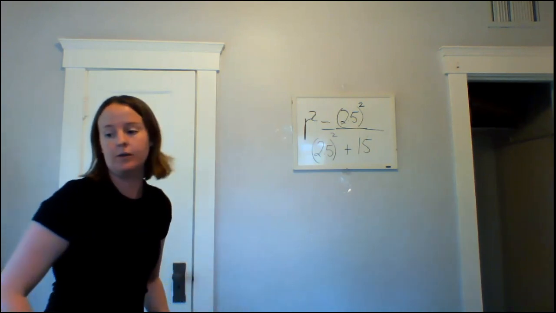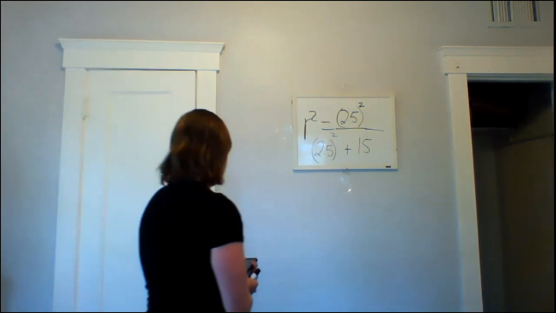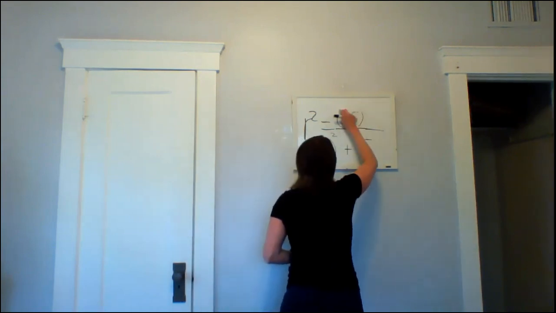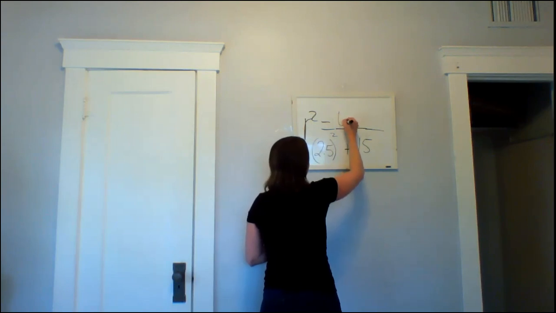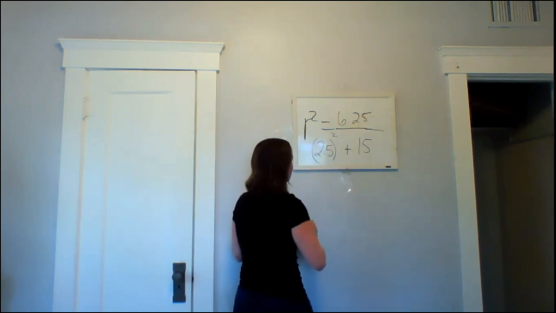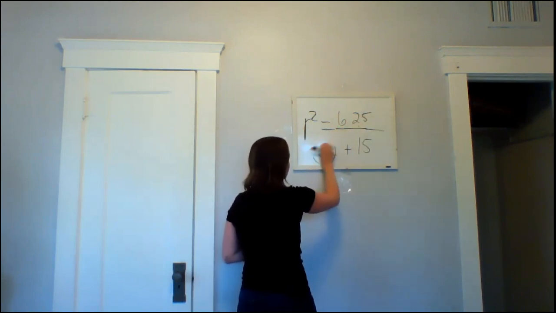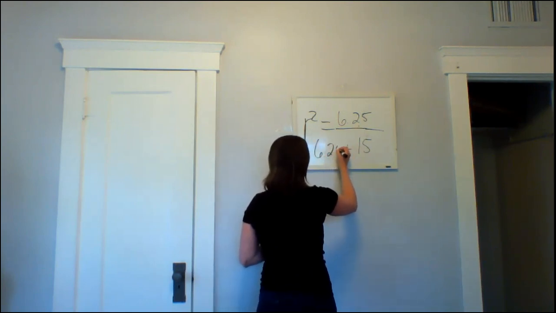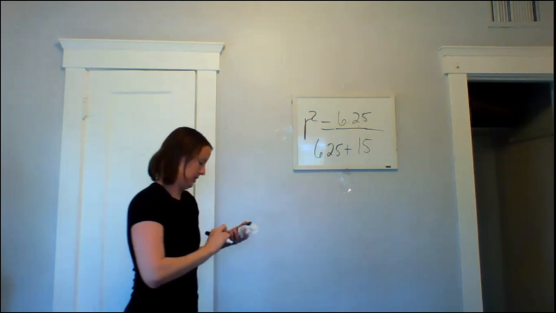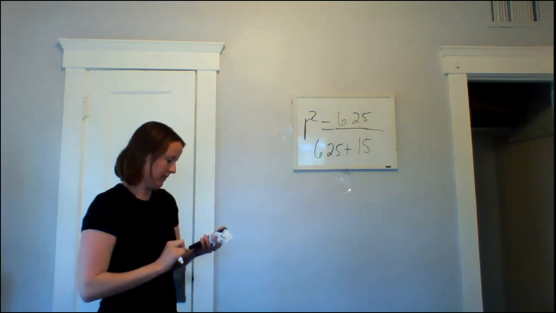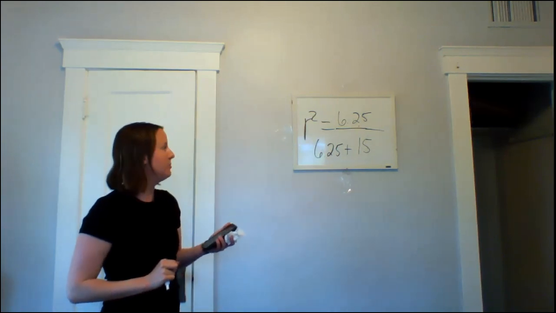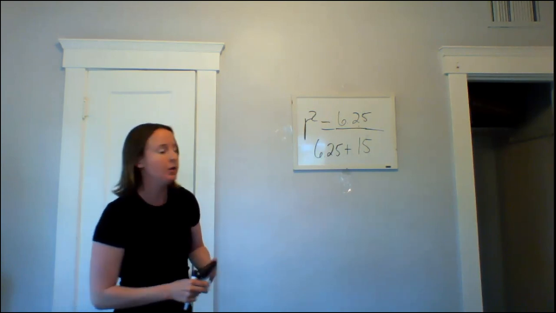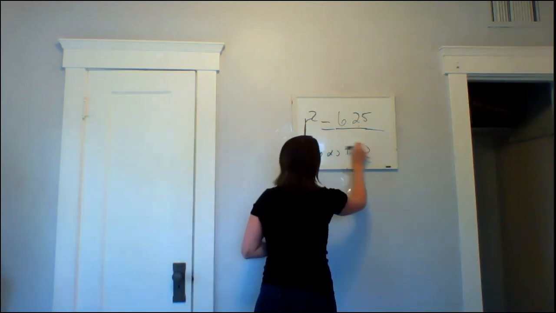Okay, so 2.5 squared is 6.25. Okay, let me just add 15 there. So we end up with 6.25 over 21.25.